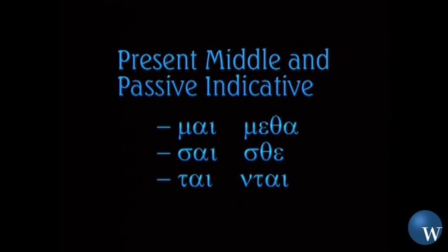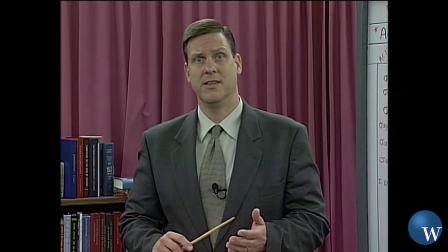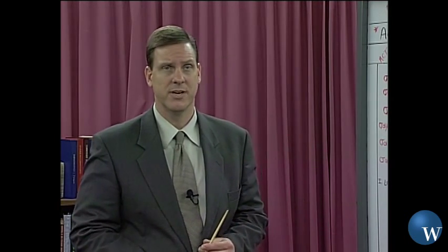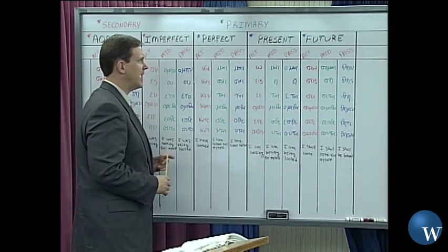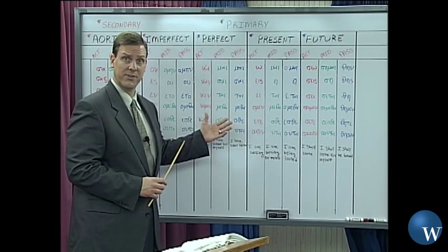All right, well, what about the other forms for the middle and passive endings in the other tenses? Let's go to the board now and have before us a chart that we have referred to from time to time, although it hasn't been quite this extensive to this point.